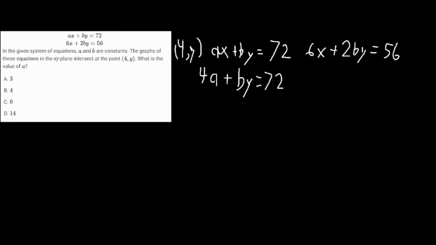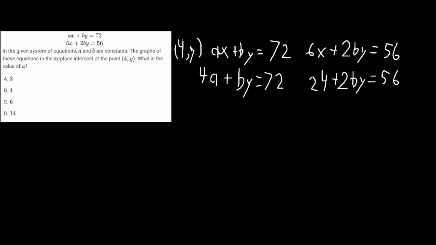And 6 times 4 is 24, plus 2by equals 56. Now, looking at this, what I'm going to try and do first is solve for b, so that I can then plug that in to our first equation and solve for a.